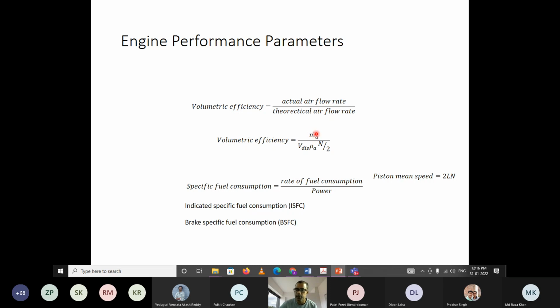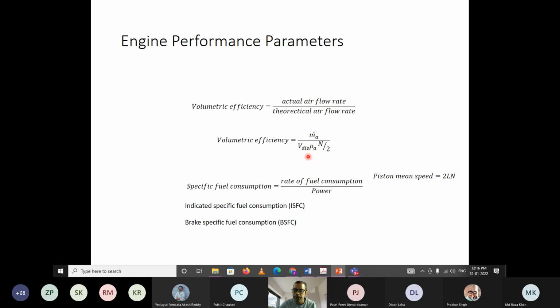The second methodology, which you can utilize in the lab or in the vehicle also, is to install a sensor that is normally used in the production engine, called a hot film anemometry sensor, HFM, hot film airflow meter, which will directly give you the mass flow rate of the air. So there are different methodologies to experimentally measure the actual mass flow rate of air.